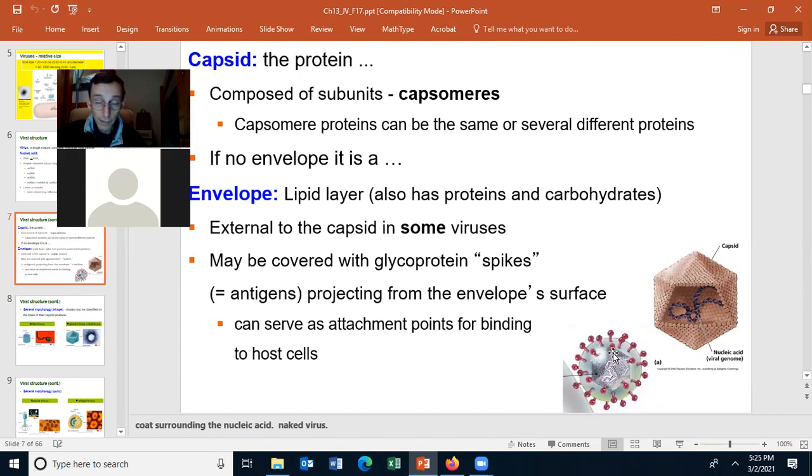I briefly mentioned that the attachment molecules on the virus are the outermost molecules of the virus. So where are the attachment molecules on this virus here? The attachment molecules are what the virus uses for attaching to the host cell.